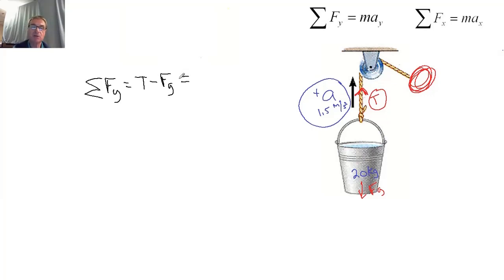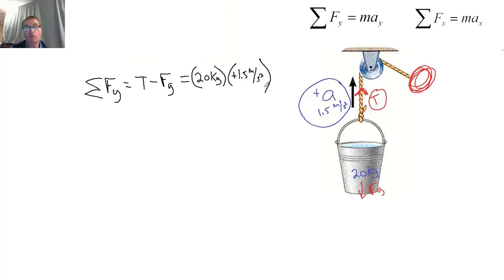The mass of our bucket is 20 kilograms, and the acceleration is positive 1.5 meters per second squared, positive because it is going in the positive y direction.